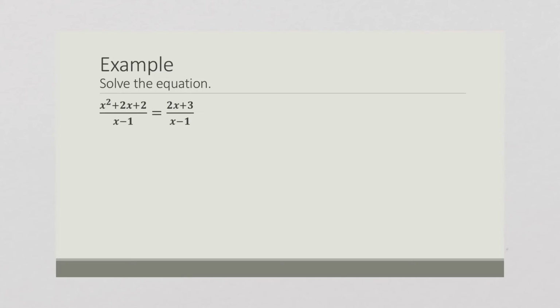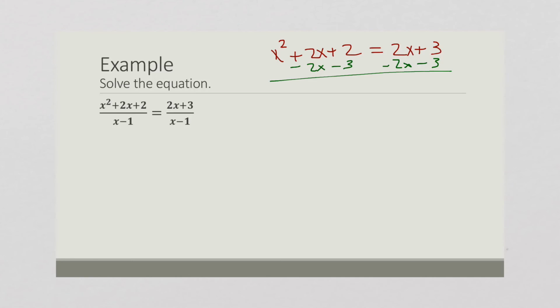I have a common denominator already, so I don't have to do much with that, but I do still have to solve the equation. So I look at my numerators. x squared plus 2x plus 2 equals 2x plus 3. I'm going to set it equal to 0, so move my 2x and my 3 to the other side. Then I get x squared minus 1 equals 0.